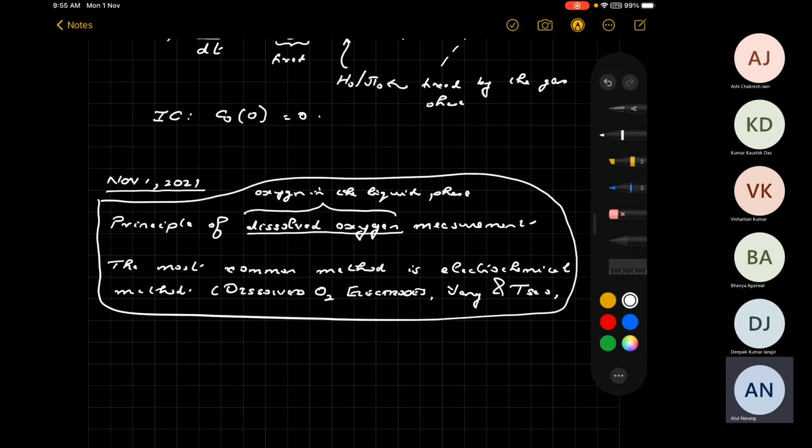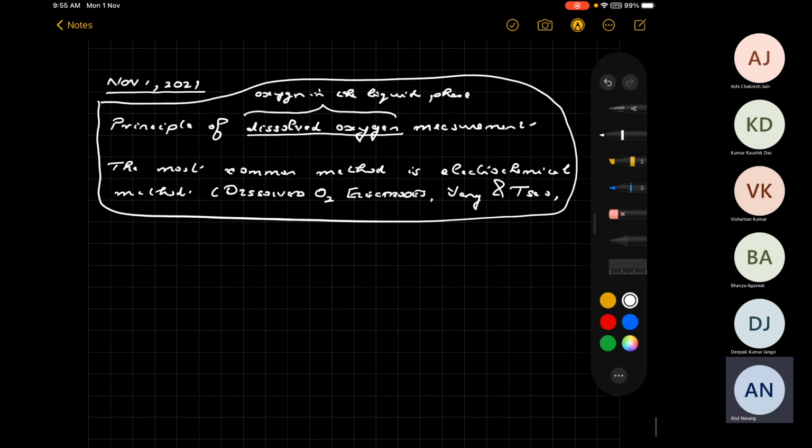But otherwise, continuing, what we get is essentially ln (CO star minus CO) equals ln of CO star minus KLA times T. This is what you're going to get.